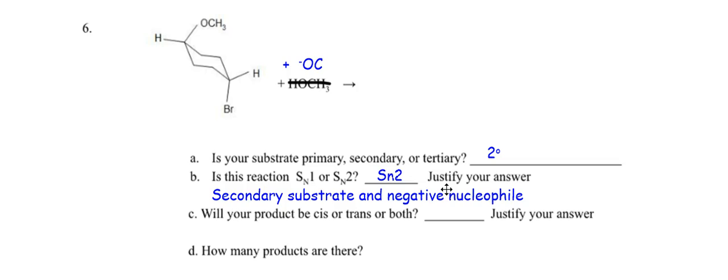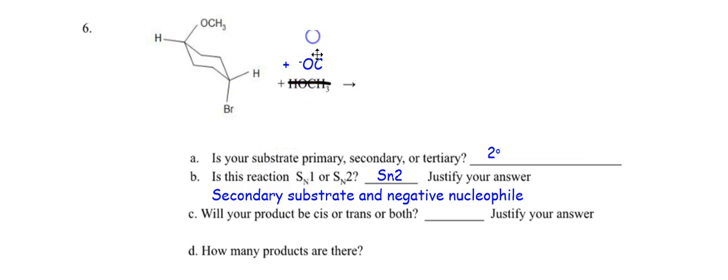So what will my product be? Well, think again about how this works. Right now, my substrate is trans. You agree? Here's the bromide and here is the ether group. So they are trans of each other. So what will my product be?